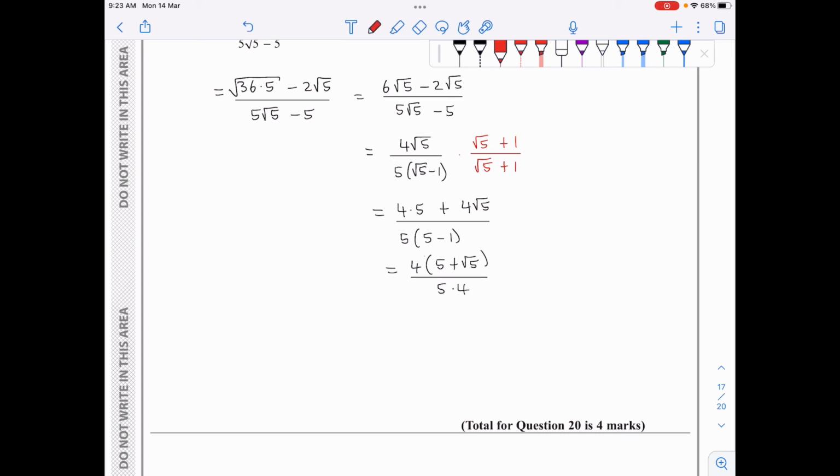And the 4s will cancel out, and it's going to be 5 over 5 plus root 5 over 5. So this is just 1 plus root 5 over 5. Quite a bit of work in here. You need to be careful with the roots in order to achieve the right form without missing any step, any detail.